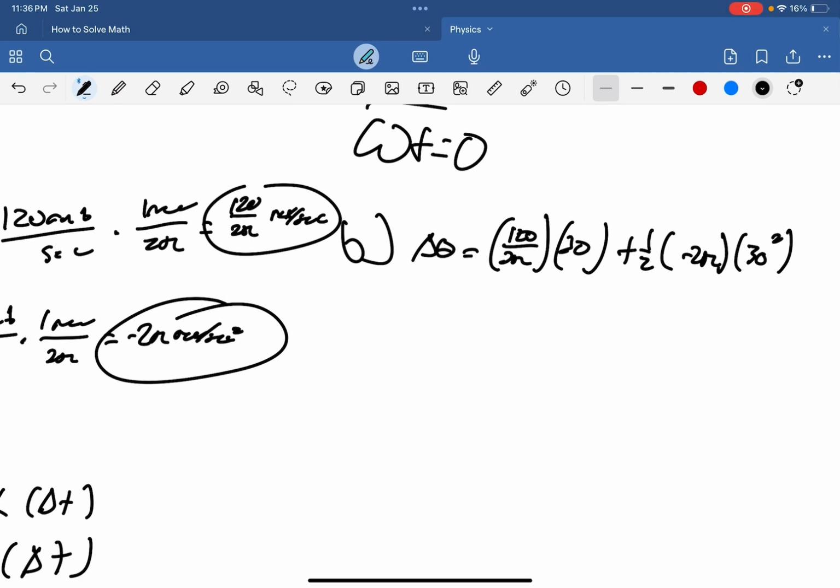I'm going to keep the pi in as much as possible. So 120 divided by 2, 60 times 30. This is going to be 1,800 over pi. Negative times 900. Negative 900 over pi.